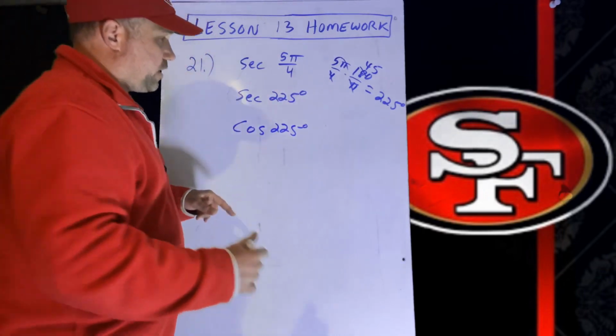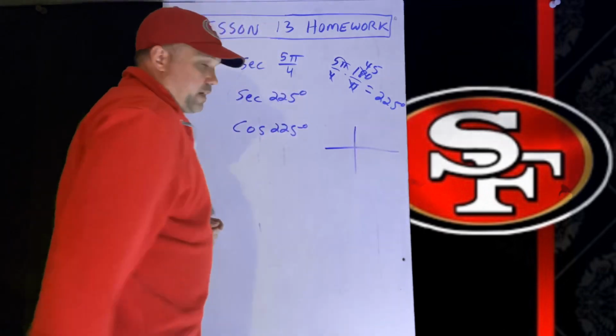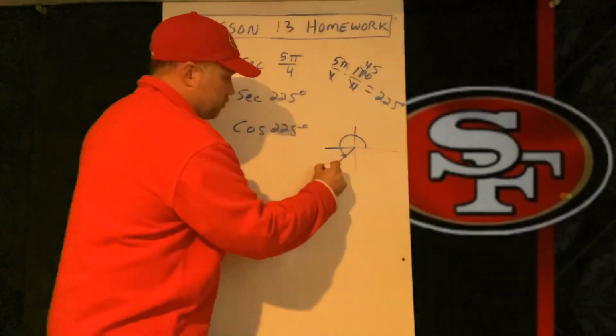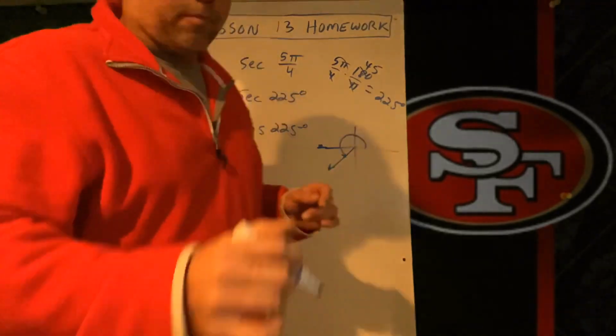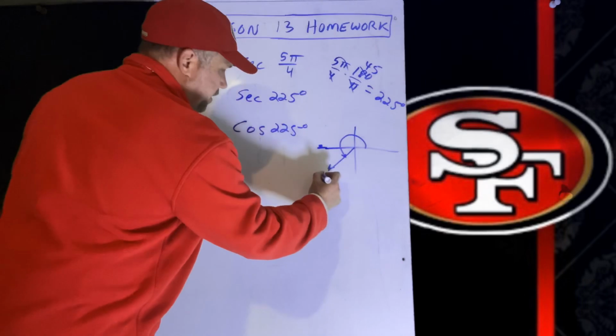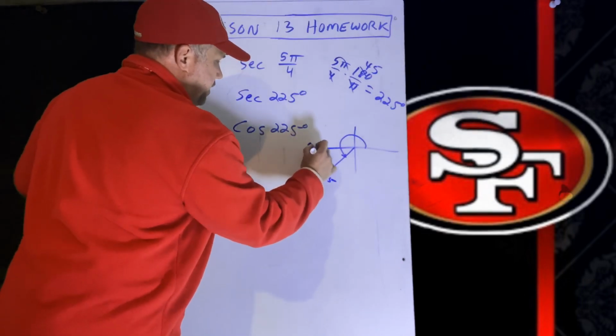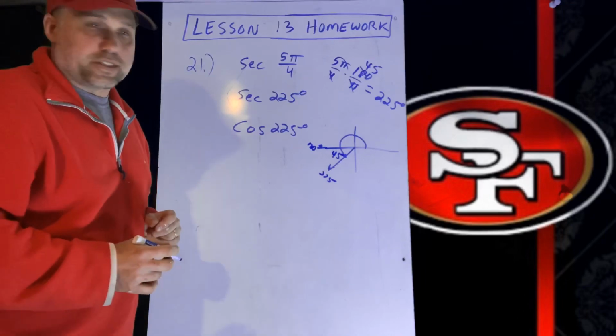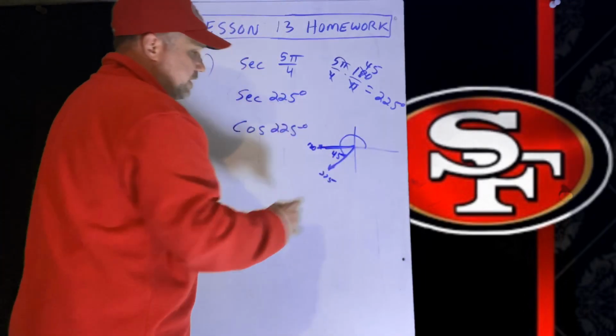To find the cosine of 225, I need to find 225's reference angle. Here's 225. Got to turn my light back on. 225 is right here. 180 is right here. You subtract those two, you get a reference angle of 45 degrees. Remember, reference angles are always formed with the x-axis.